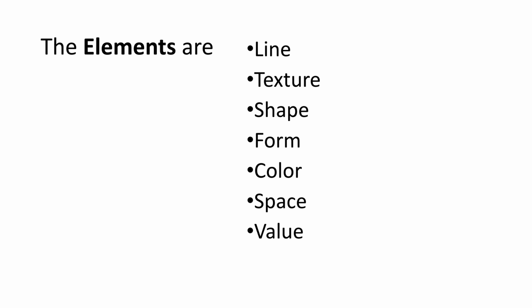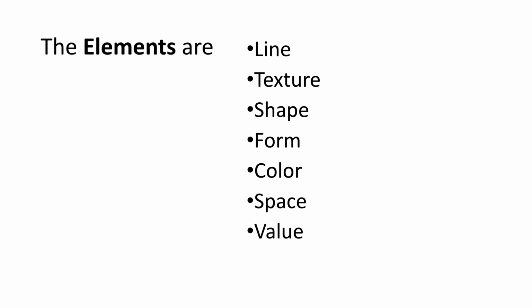In math, for example, there's only one correct answer. In art, there are many correct answers. My painting of a still life of, let's say, fruit is going to look different than yours.